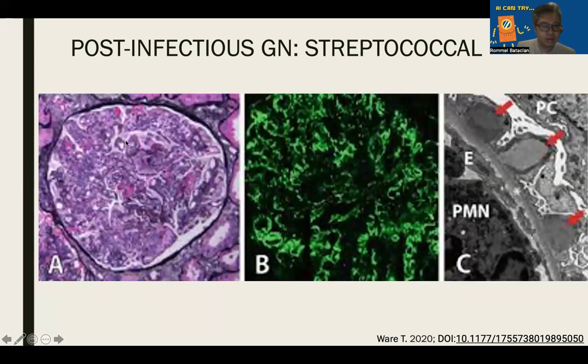It's not much clear here, but there are white blood cells surrounding the glomeruli. And then there is granular IgG here, and those are the subepithelial deposits that you can see in electron microscopy, with the polymorphonuclears found also around the glomerular area.